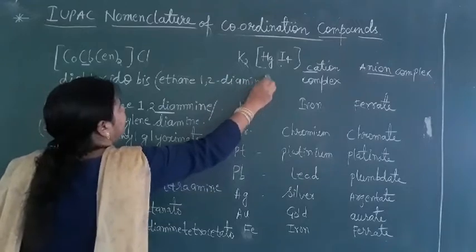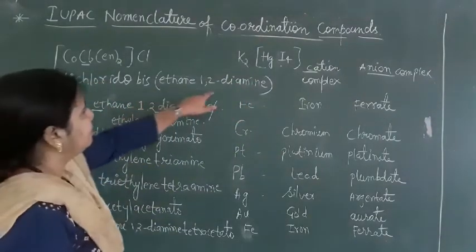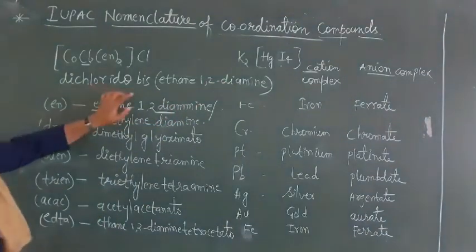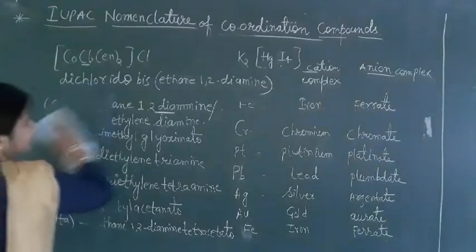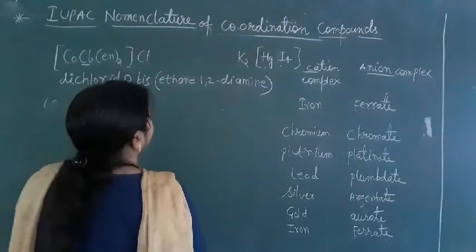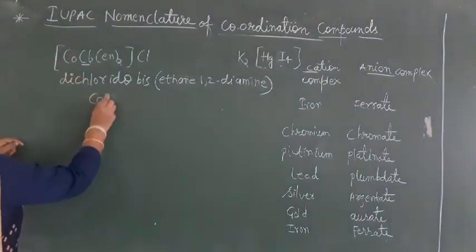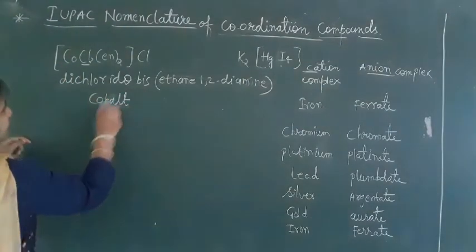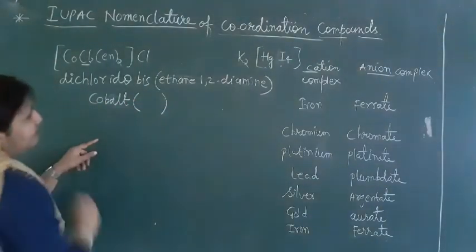This diamine has a single m, not a double m here. This is over. Next the metal will come here, cobalt. And in the parentheses, what do you have to write?